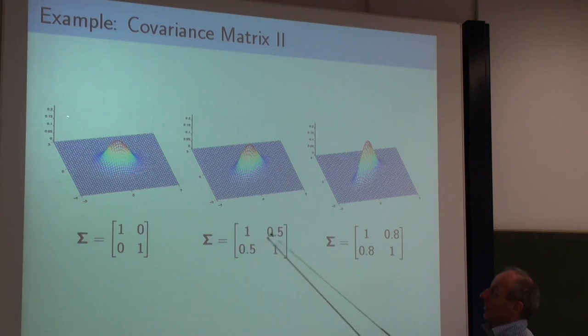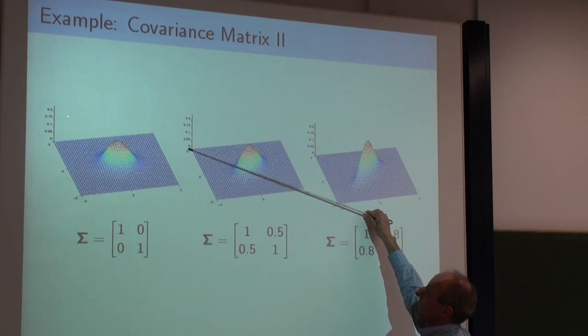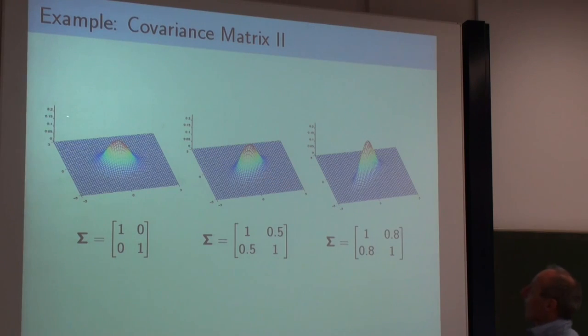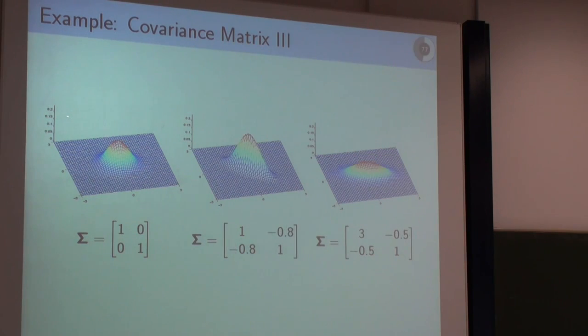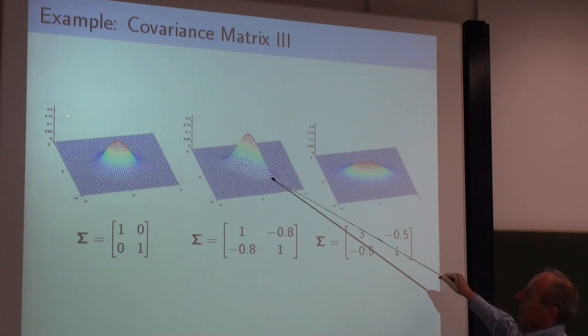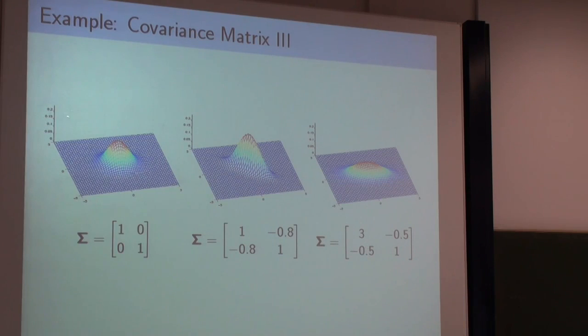So with minus 0.5 here and here, it would be aligned in this direction. And if this covariance is bigger, this means we have a stronger correlation of these 2 variables, and then it's stretched even more in this direction. So it gets more narrow in this direction, but longer in this direction. Here you see negative correlation, and now it's stretched in this direction.